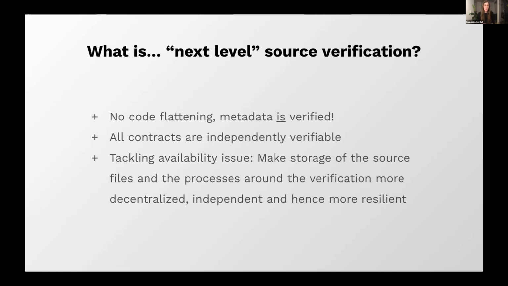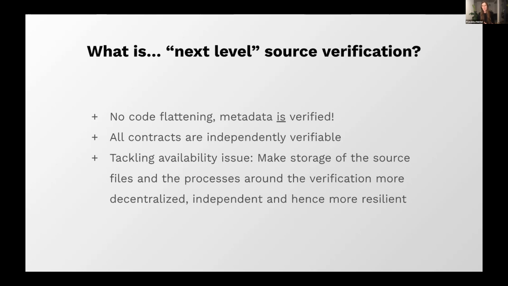As a next point, all contracts are independently verifiable. That means you have all the information you need to do the recompilation yourself. Anybody could do it. So that is not a one-off verification, but anybody could at any point verify the integrity of this again. And lastly, tackling the availability issue: making the storage of source files and the processes around verification more decentralized, independent, and hence more resilient.